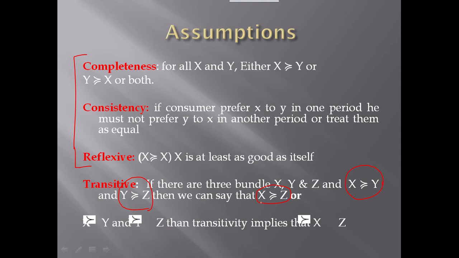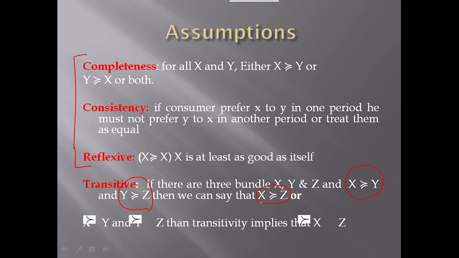It ensures that each bundle is associated with one level of satisfaction or one level of utility. It can't be possible that one bundle gives you two different levels of satisfaction or utility.